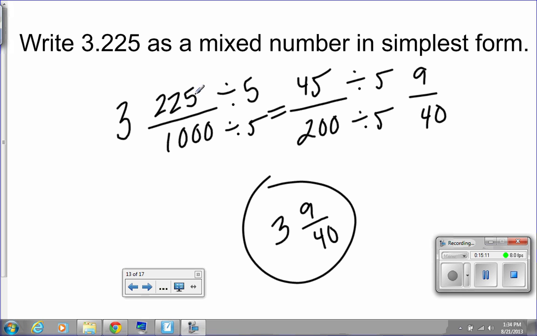Then using your calculator, you could divide 225 by 5 to get 45, and 1,000 by 5 to get 200. 45 and 200 are not simplified, so we can divide by 5 again to get 9 over 40. So it's 3 and 9/40.